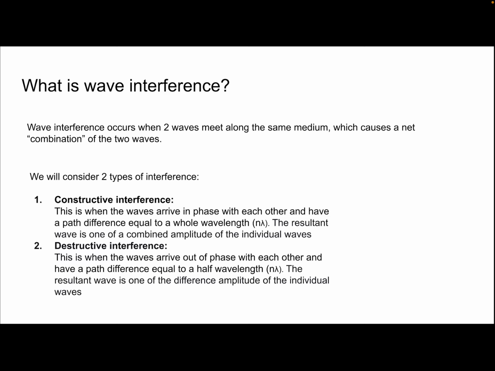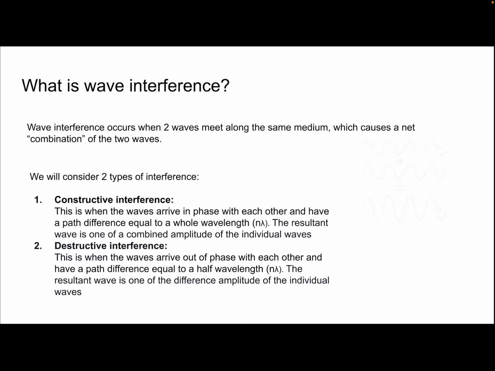Destructive interference is when the resultant wave is going to cancel out, because it is the difference between the amplitudes of the two individual waves. So it's going to cause a wave with a smaller amplitude. And anything between half a lambda and lambda in terms of the path difference will have a combination of constructive and destructive interference.